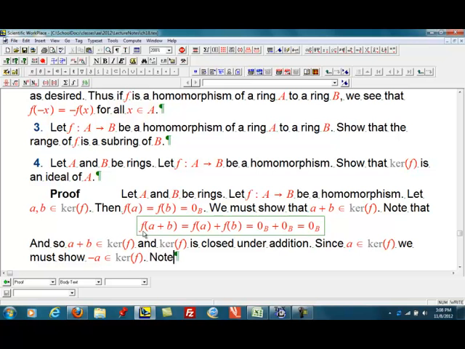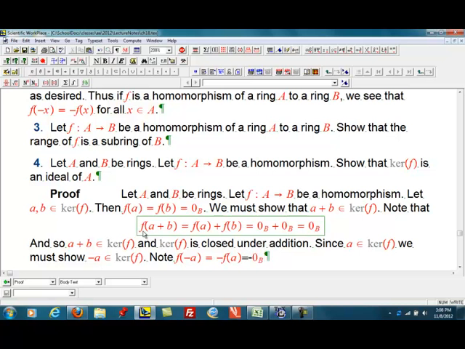Tell me about that second proof that I just typed up and showed to you guys. I didn't actually type it up for you guys. But what did that tell us about F of a negative value? Negative F of A, property of homomorphisms. But what is negative F of A equal to?